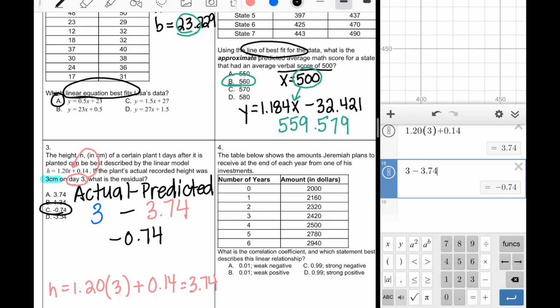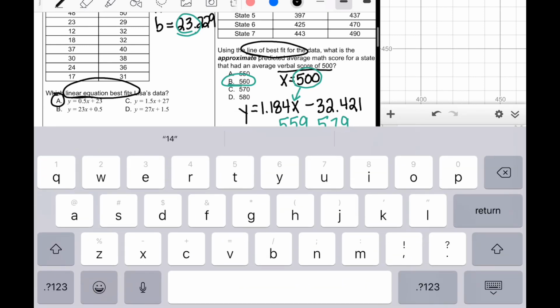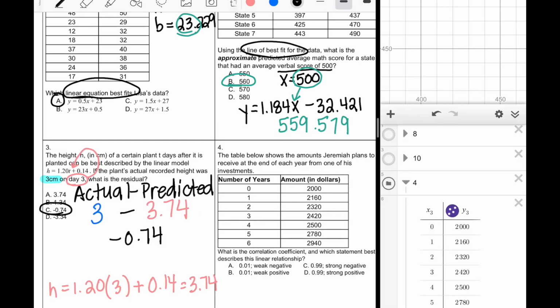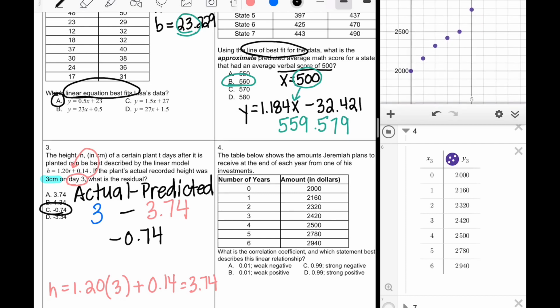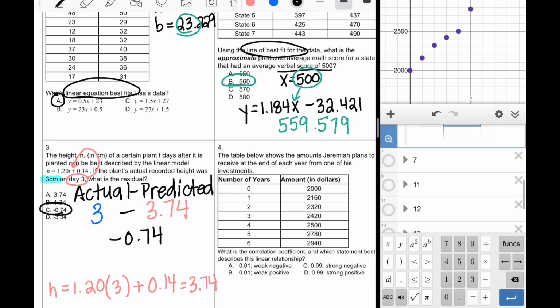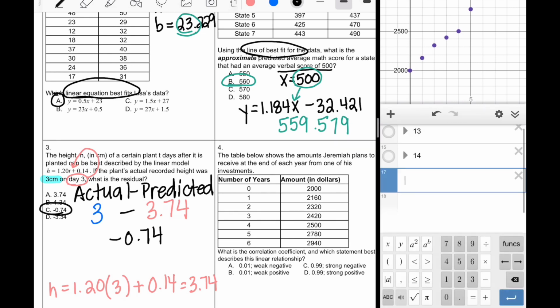All right, so now we have number 4. I'm going to turn that on so you can see my table here is X3, Y3. Again, the only reason it labeled it 3 is because it was the third table that I put into Desmos. I'm going to zoom fit that, and I can see that I do have a pretty strong relationship happening here. But we're still going to put these values into my table, and I'm going to put them into Desmos.